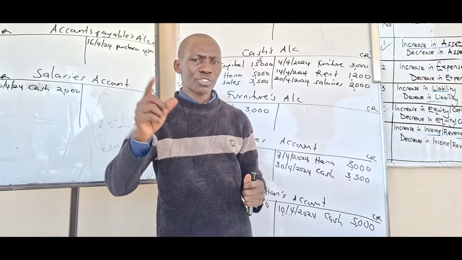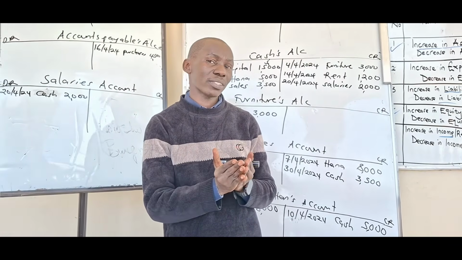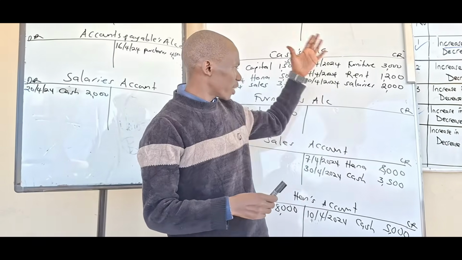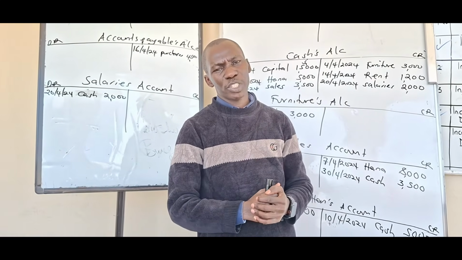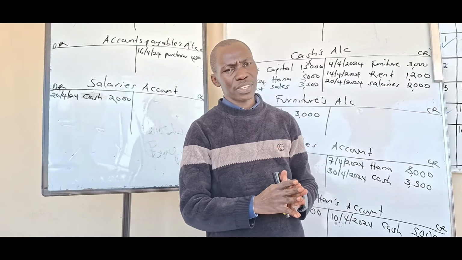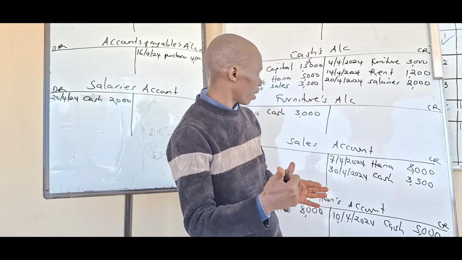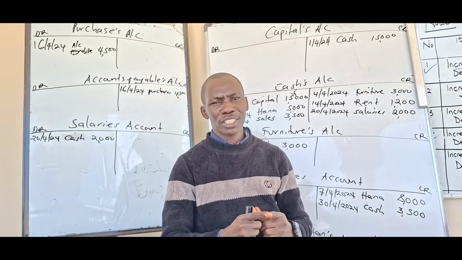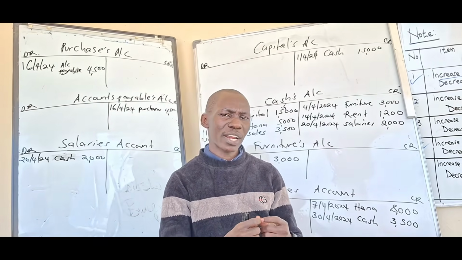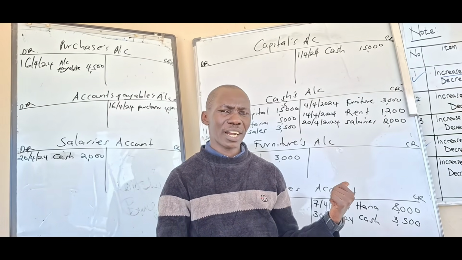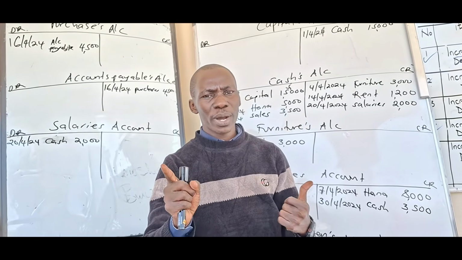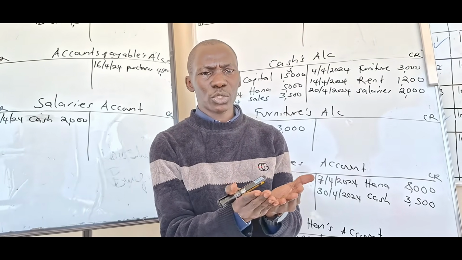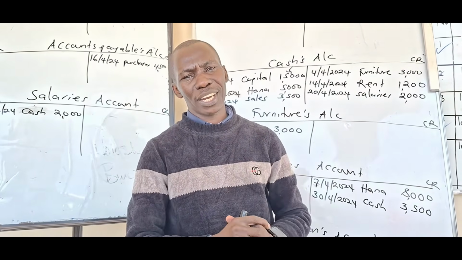Then we extract what we call a trial balance to test the correctness and accuracy of our principles, whether we have done the right things. We can only discover that if we prepare a trial balance. Don't forget, our next video is about the trial balance, where we're going to learn how to balance the ledger accounts. From there, we prepare the trial balance to test the accuracy of our posting in the ledger.